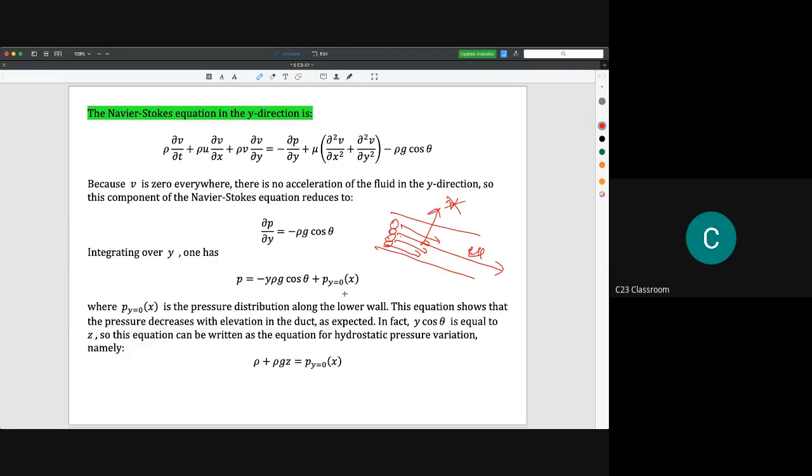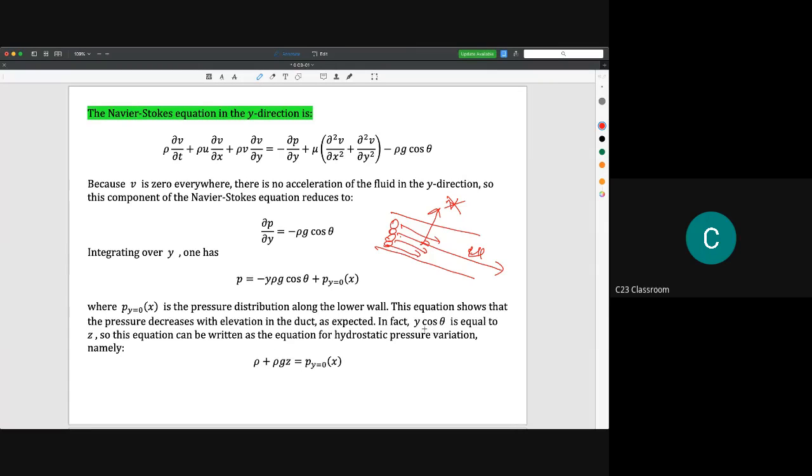The condition is when y equals 0 at x, which is the pressure distribution along the lower wall. This equation shows that the pressure decreases with elevation in the duct, as expected. In fact, y cos theta is equal to z. So this equation can be written as the equation for the hydrostatic pressure variation like this one.